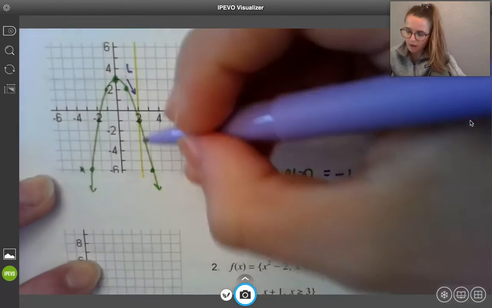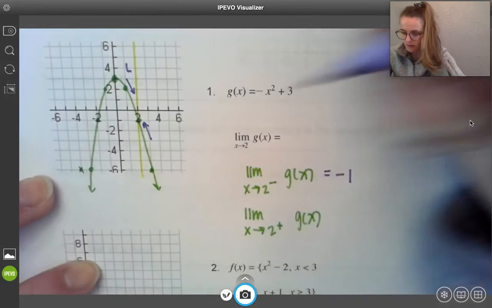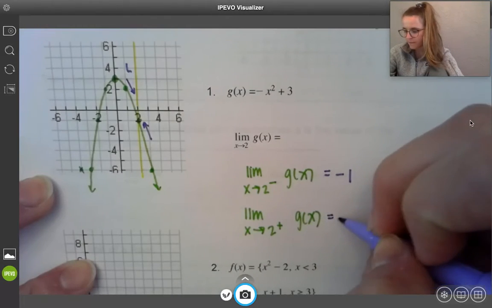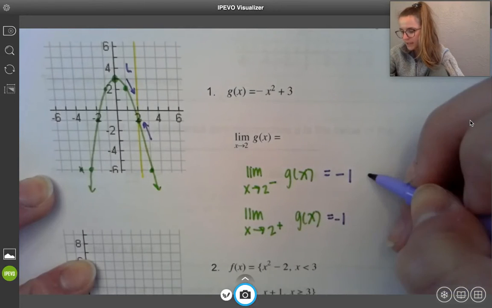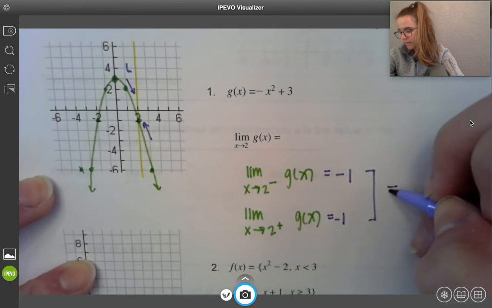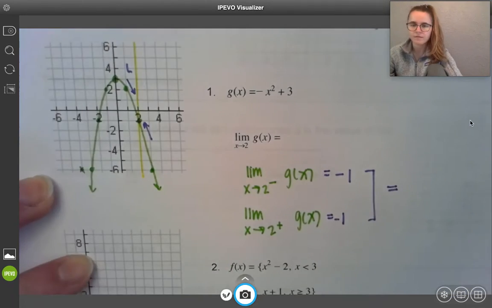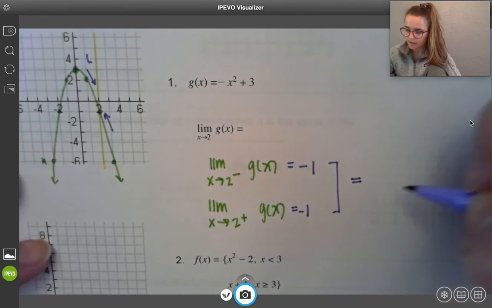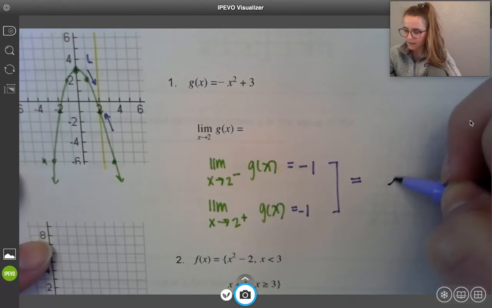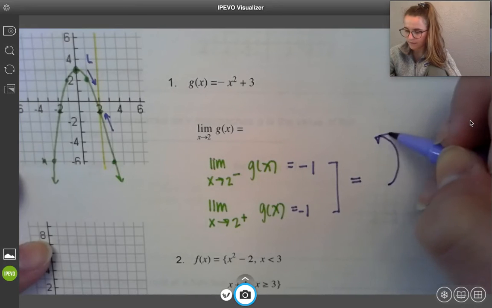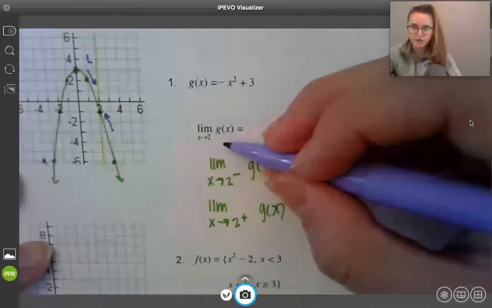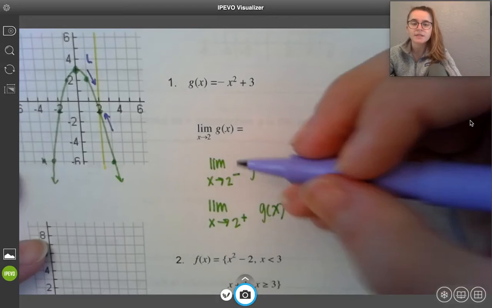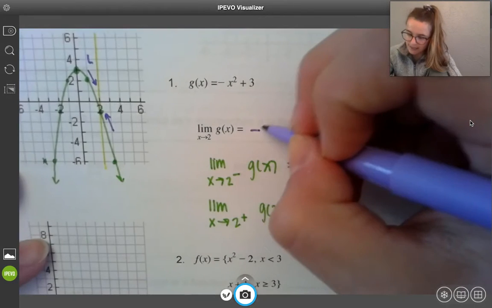And from the right, our positive numbers, it's also approaching -1. Because these two values are equal, this means that the limit as x approaches 2 of g of x is -1.